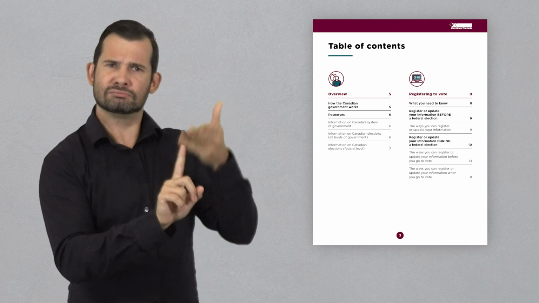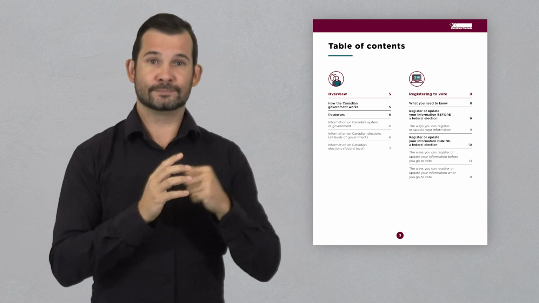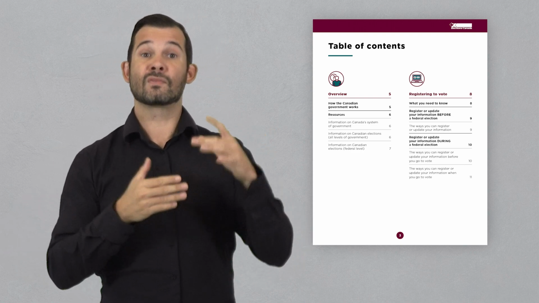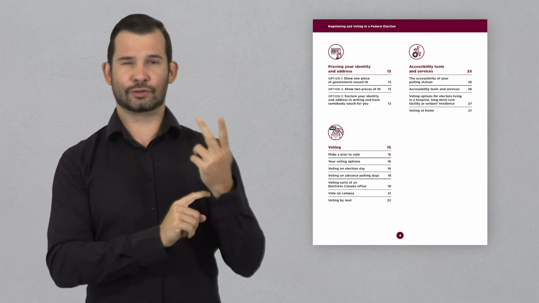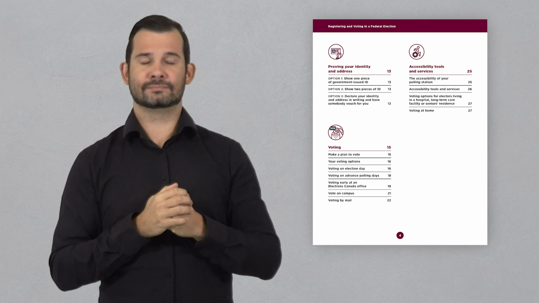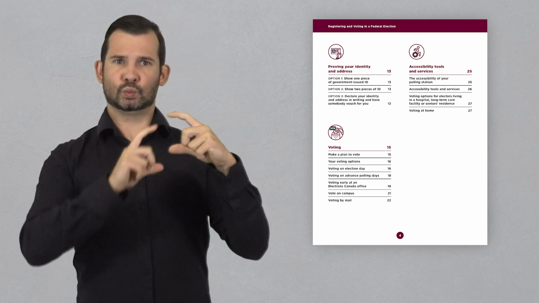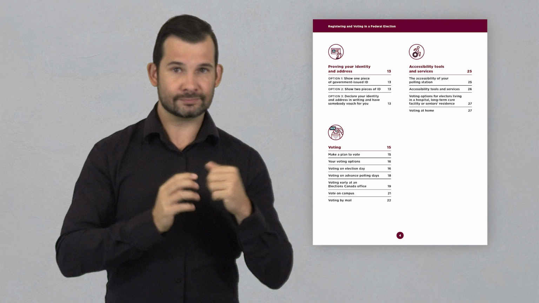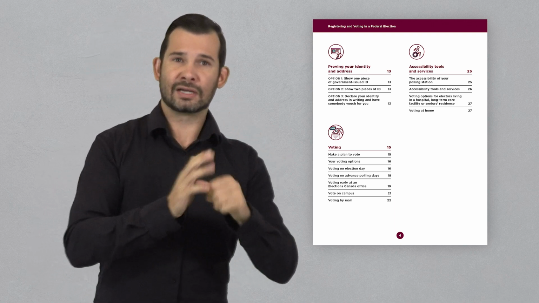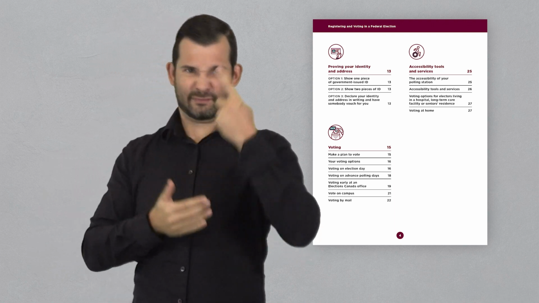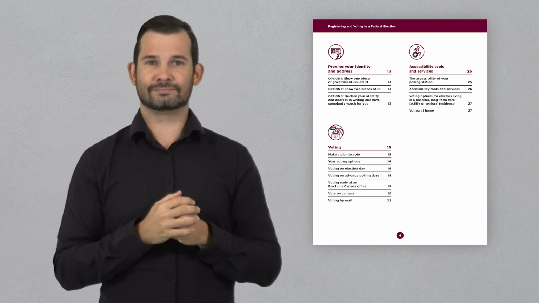Proving your identity and address, 13. Option 1. Show one piece of government-issued ID, 13. Option 2. Show two pieces of ID, 13. Option 3. Declare your identity and address in writing and have somebody vouch for you, 13.